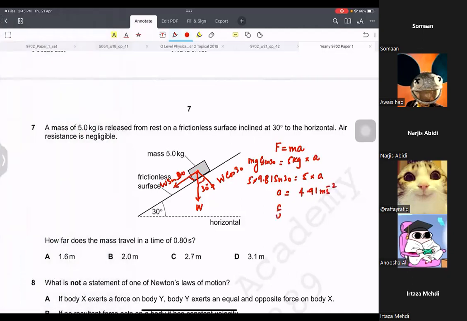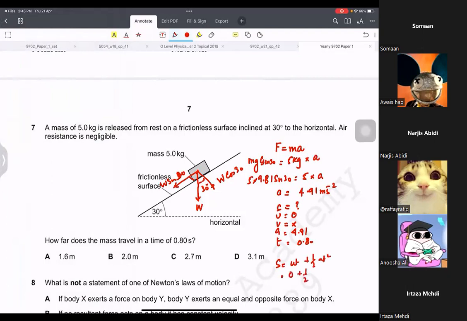Now we want to find the displacement. We use SUVAT. The initial velocity is 0, the final is not known, the acceleration is 4.91, and the time is 0.8. The best equation will be s equals ut plus half at squared.